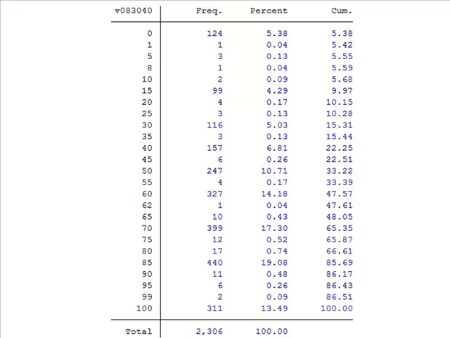The first number is the raw count. It's the actual number. The second number is the percentage of the total. So of the 2,306 people, 5.38% gave an answer of 0.